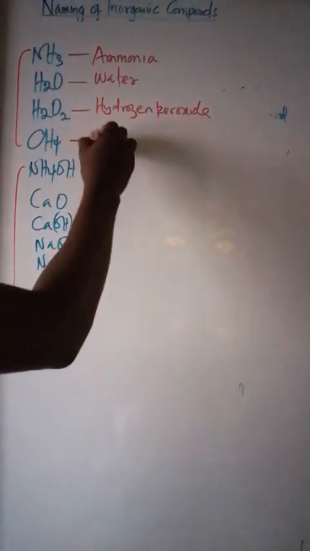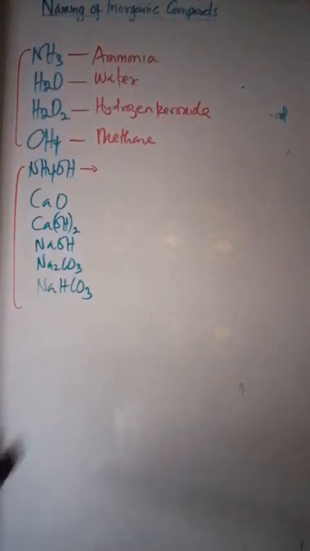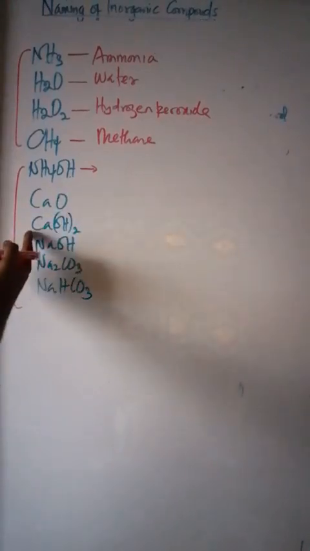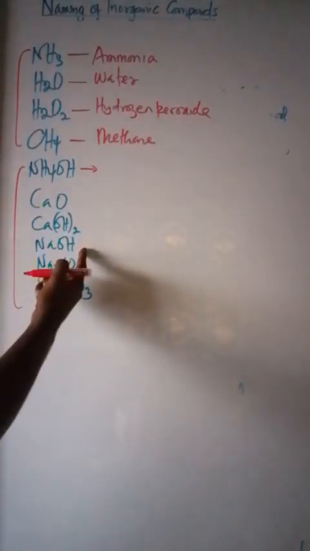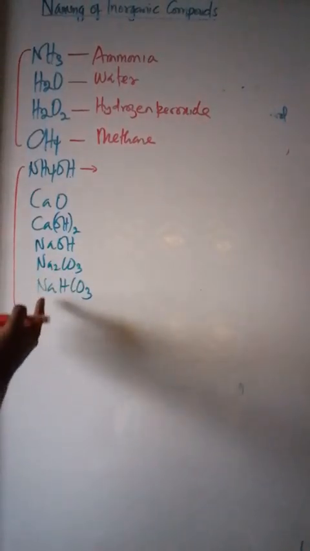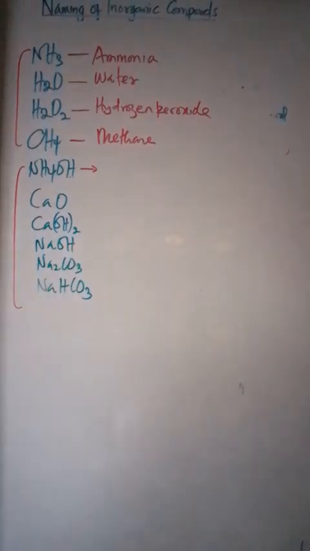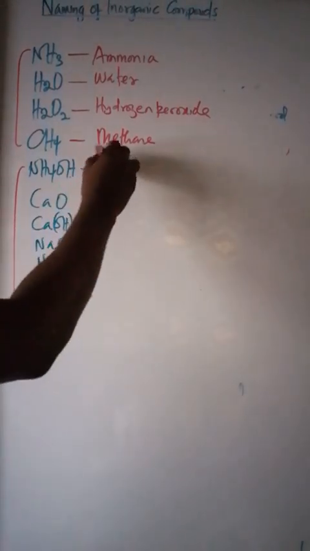This is called methane. Although we can name this ammonium hydroxide, calcium oxide, this is calcium hydroxide, sodium hydroxide, sodium trioxocarbonate 4, this sodium hydrogen trioxocarbonate 4, they also have special names. This one we call aqueous ammonia.